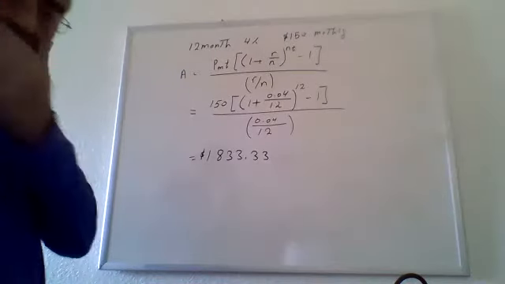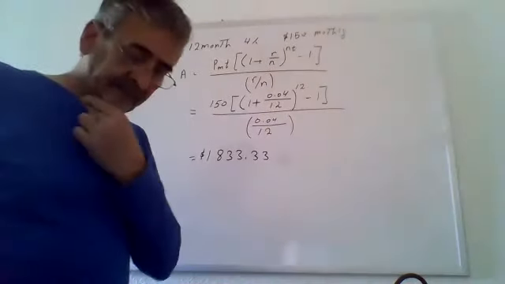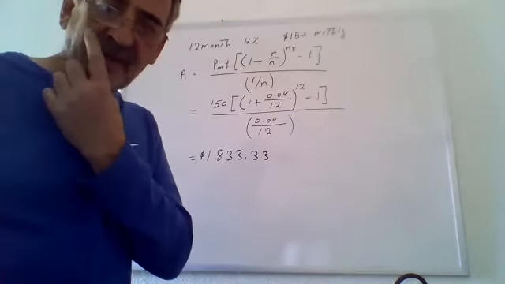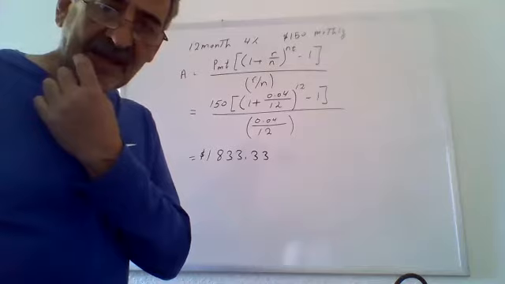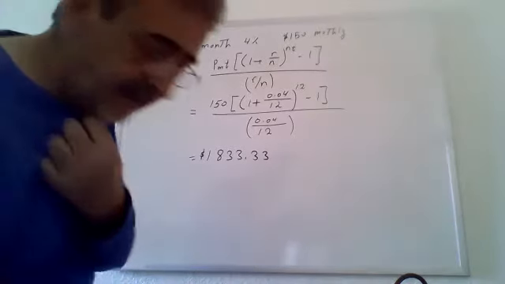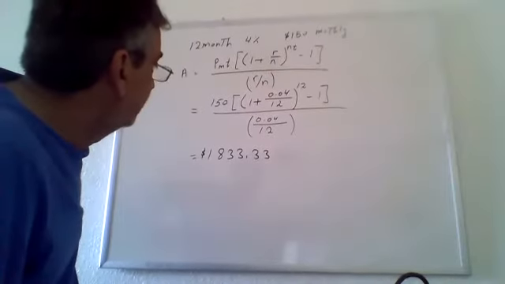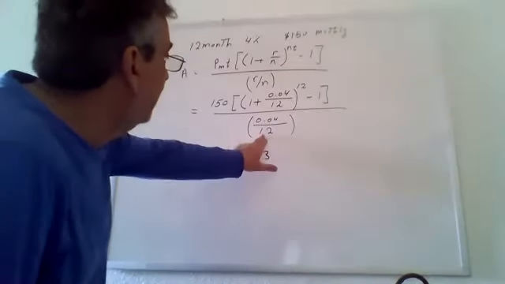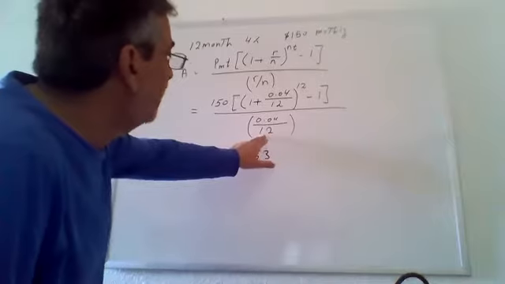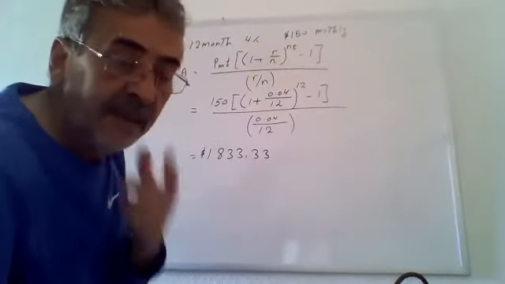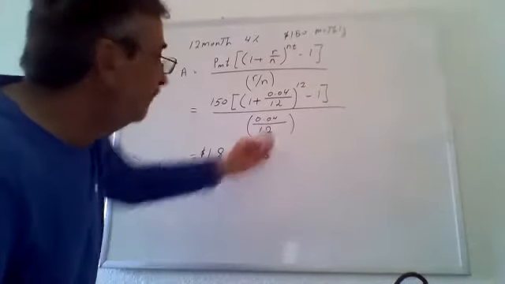Any question on that? No questions? So the bottom number is the APR over the N, which is the number of times compounded per period. Since we're looking at a monthly period, N will be 12.